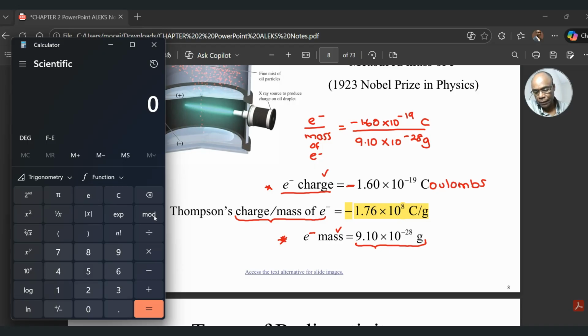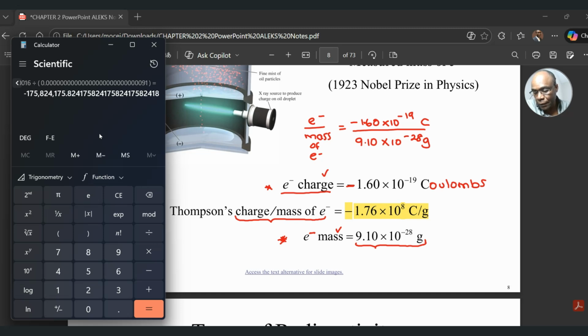So I will take my 1.6 on my calculator here, make it an exponent of negative 19, and then I'm going to divide that by 9.1 exponent negative 28, and the answer, yes, you can see the answer is negative 175,824,175.